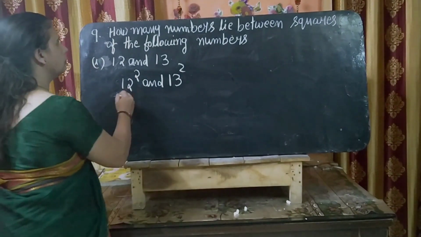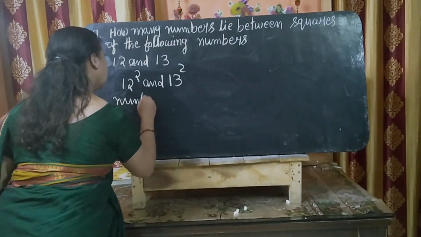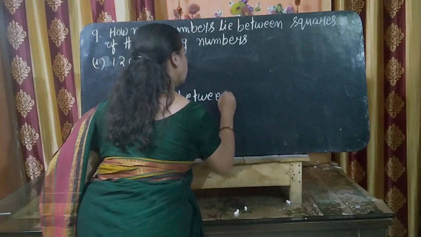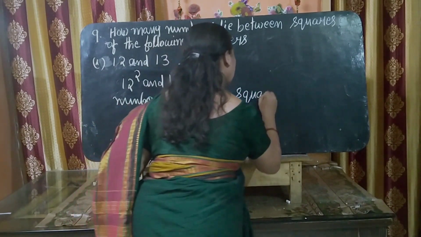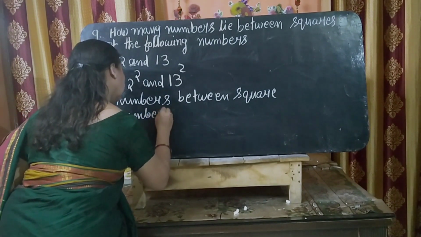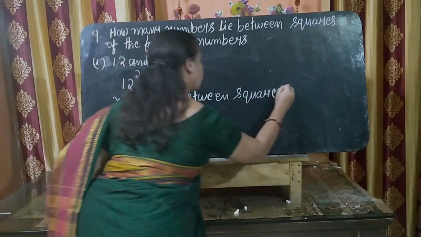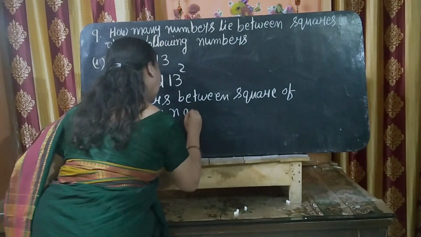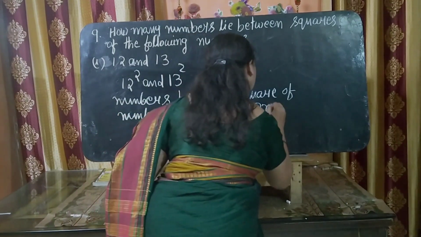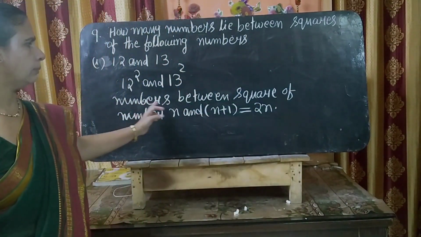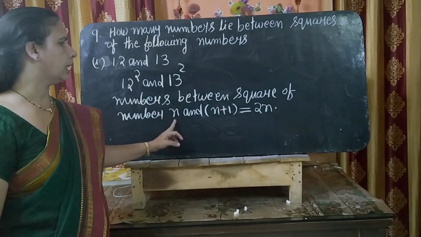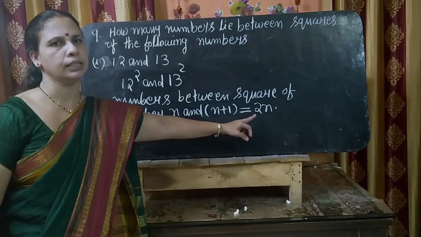The method is: numbers between the squares of numbers n and n plus 1 equals 2n. We can use this method for solving this question.